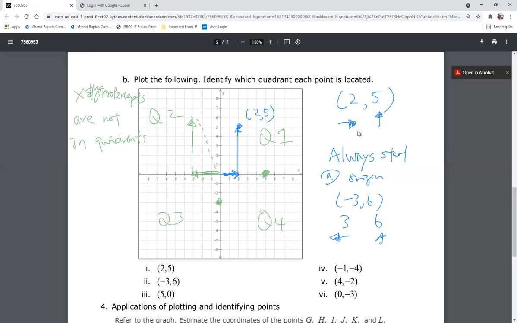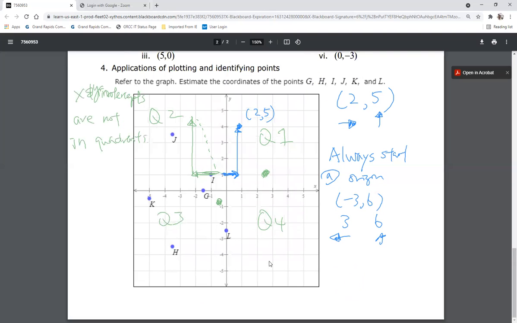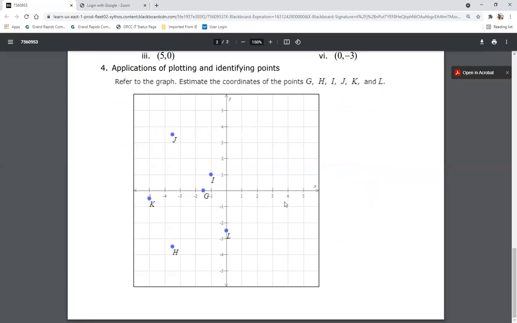All right, the last part is actually fairly straightforward. This time, instead of you plotting the points, they plot the point for you and you figure out what it is. So let's pick out a couple of points.